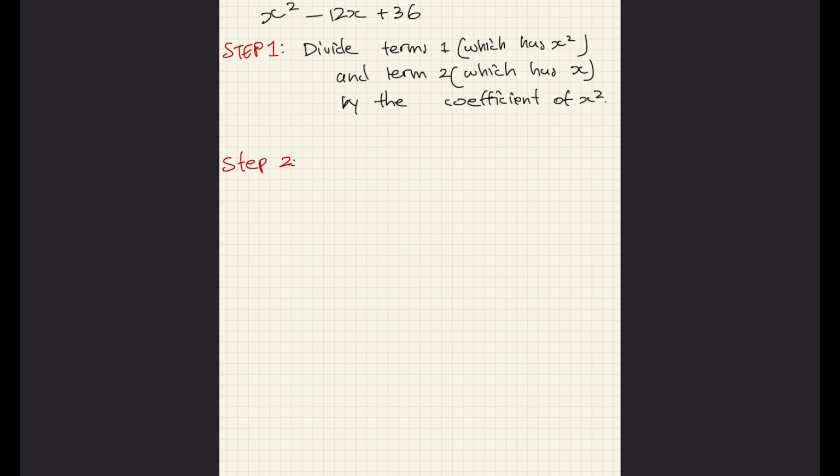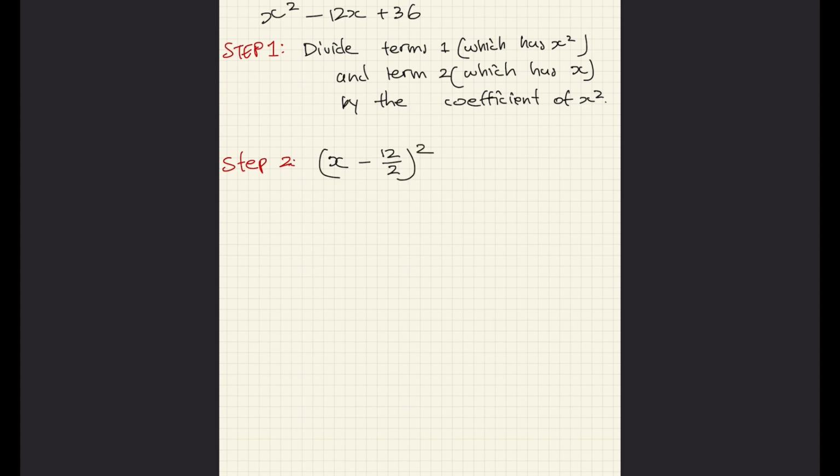Now, step 2 then is to divide the coefficient of the x by 2. So we write x minus 12 on 2, squared.